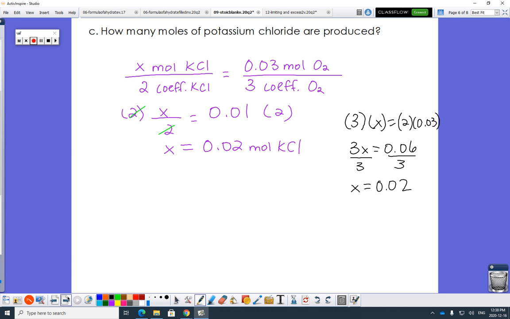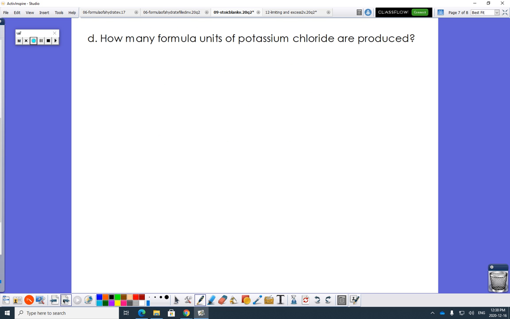Okay, so now we're going to take this mole and change it into formula units, which is entities, right? So it was Avogadro's number times the number of moles.